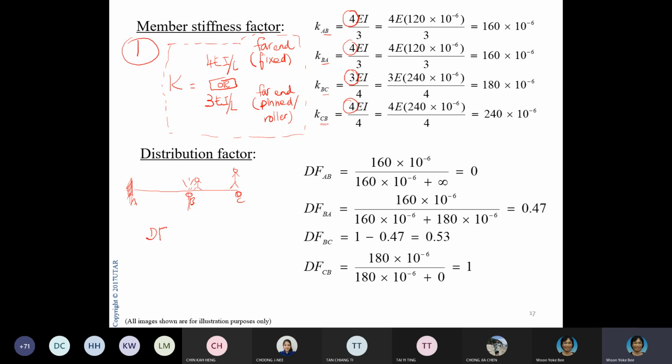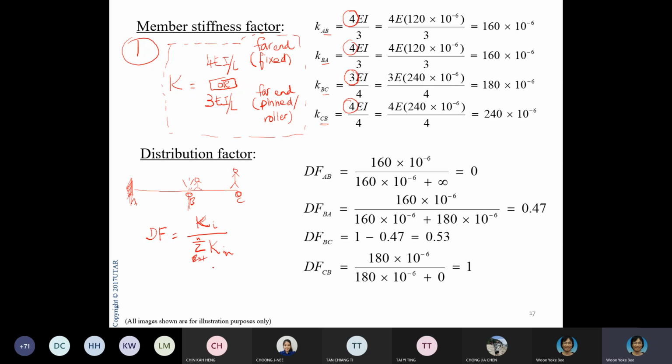And if you recall, your distribution factor is the ratio of the stiffness of the member divided by the sum of all the members, maybe just the summation of kn.